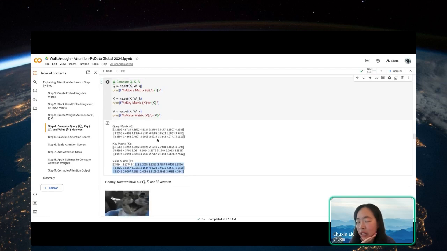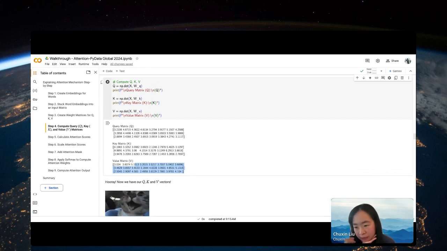All of the 8 by 8 matrices are the parameters that will be trained. Oh, okay. Thanks. Yes. So the numbers will be scaled by softmax. So at the end, we'll have numbers between 0 and 1.